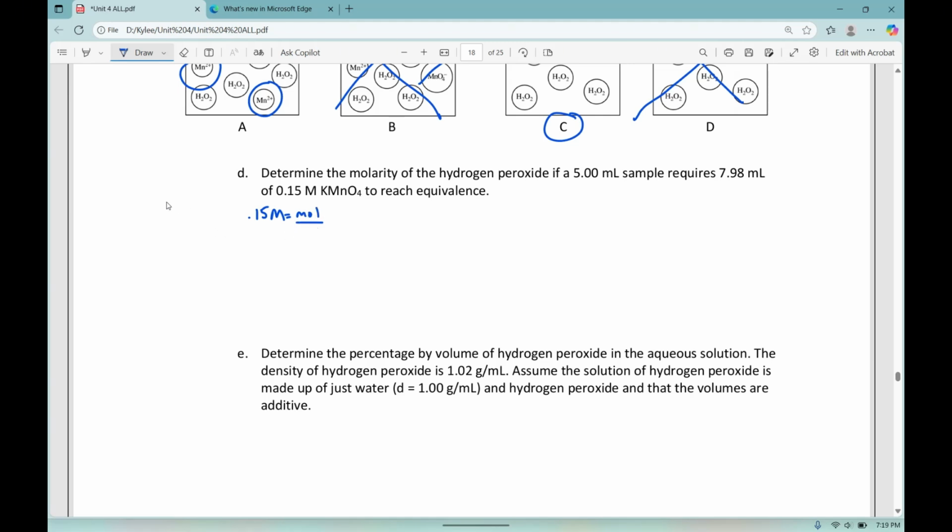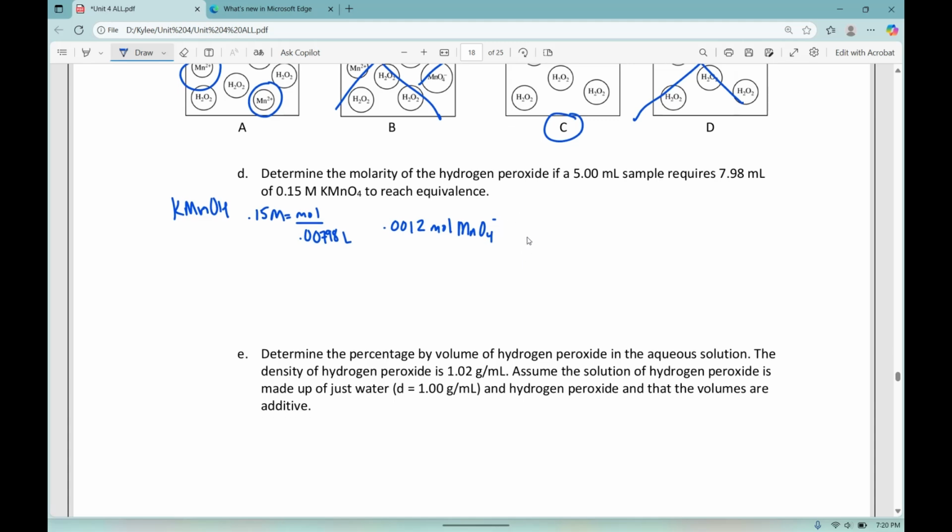So my known is the KMnO4, and it's 7.98 milliliters, so that's going to be 0.00798 liters. So I'm going to take 0.15 times 0.00798, keeping 2 significant figures. It's going to be 0.0012, and that's moles of MnO4, dropping the K because that ends up being a spectator ion.